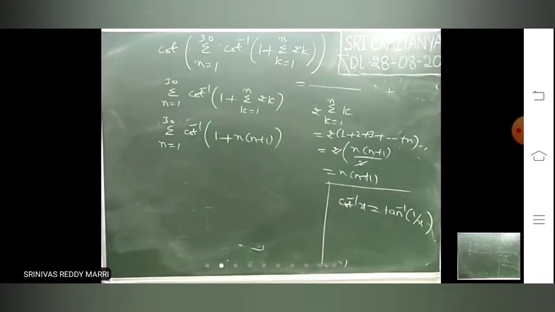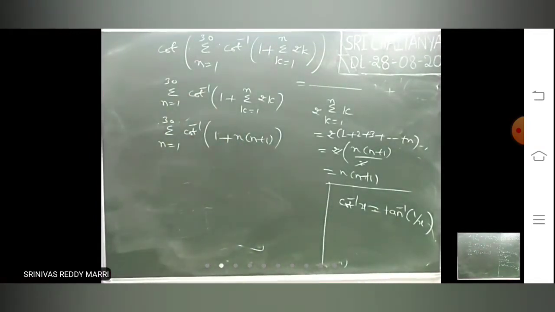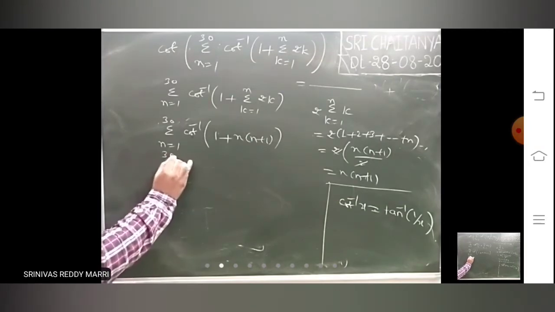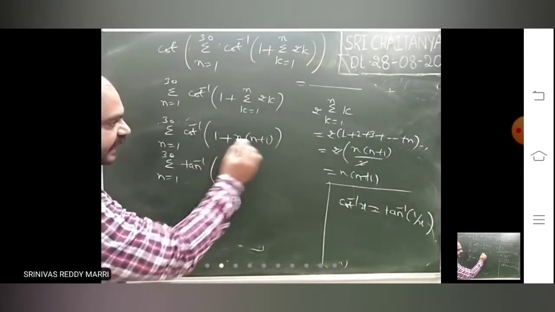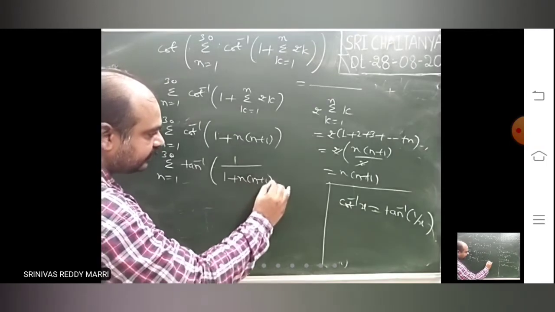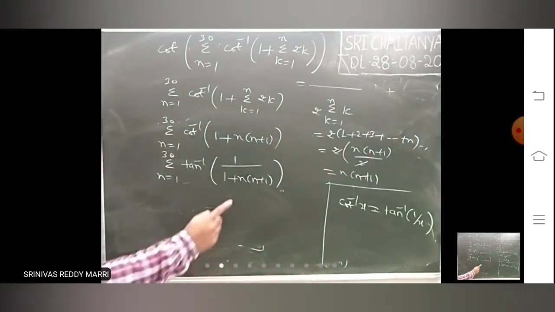Cot inverse x becomes tan inverse 1 by x. So it is tan inverse of 1 by 1 plus n into n plus 1.